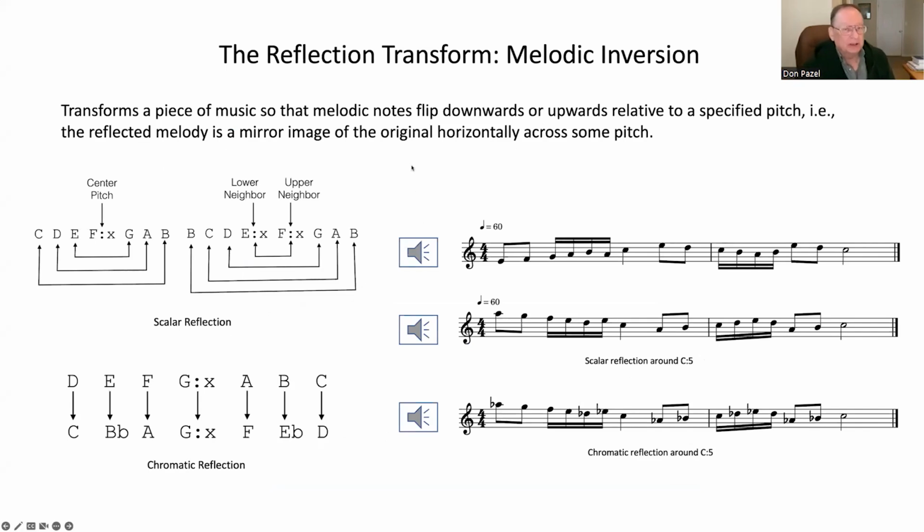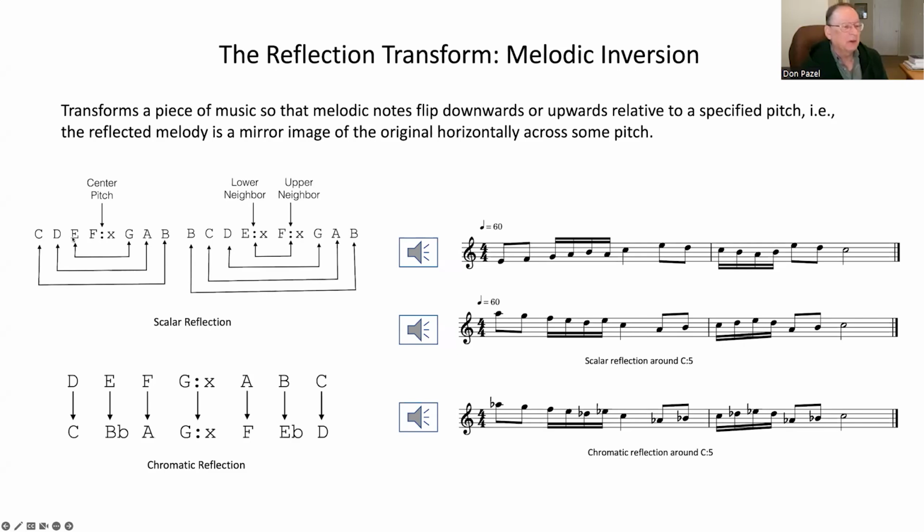This is a different transformation, maybe one you know about, maybe one you don't. Basically, I'm going to flip the melody line over a horizontal axis. In this case, say F4, X is some octave.